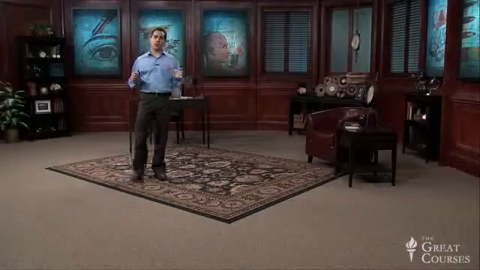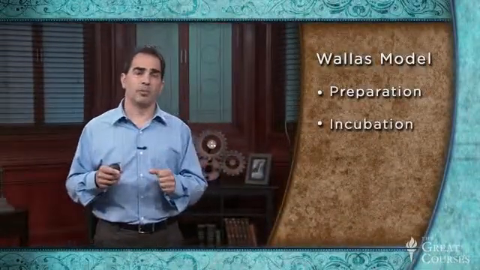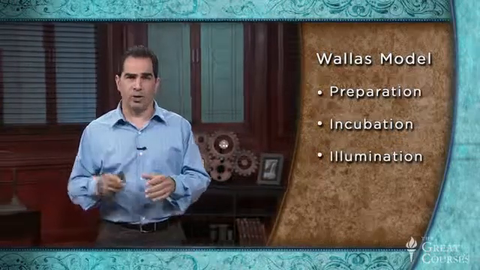One of the first deliberate descriptions of the creative process came out in the 1920s by a gentleman named Graham Wallas. He had a 4-step model of the creative process. The 4 steps in this process were preparation, incubation, illumination, and verification.